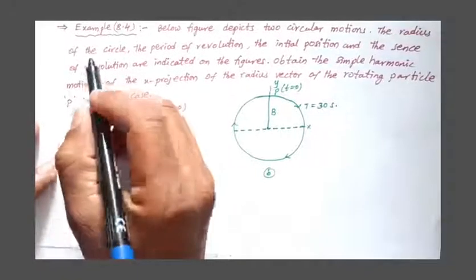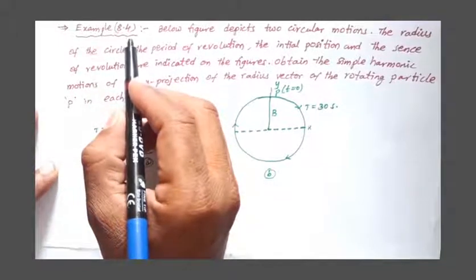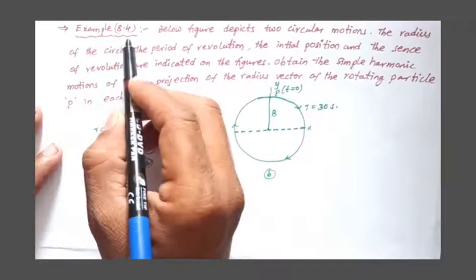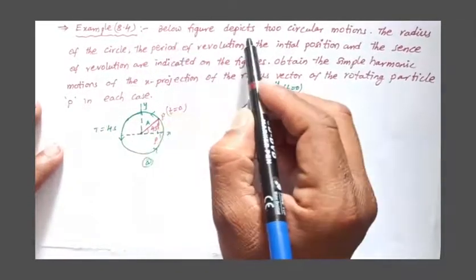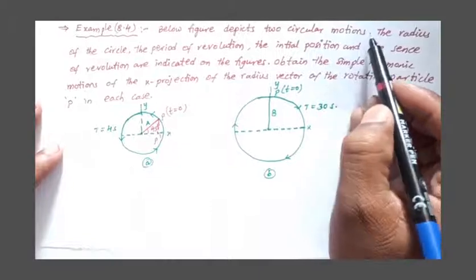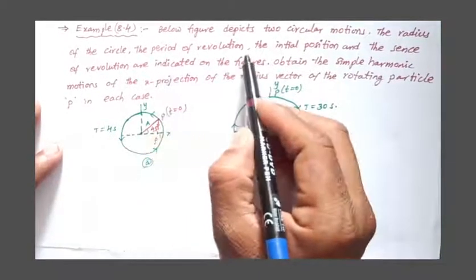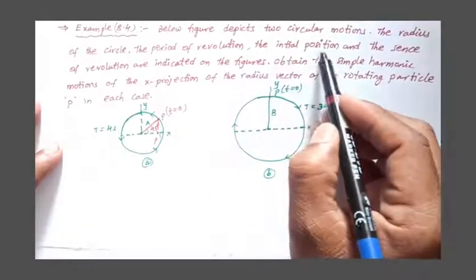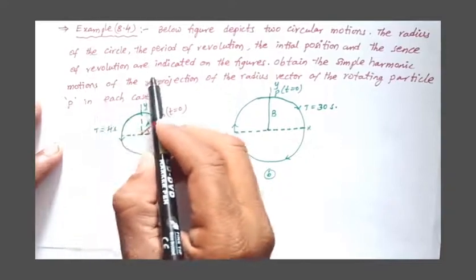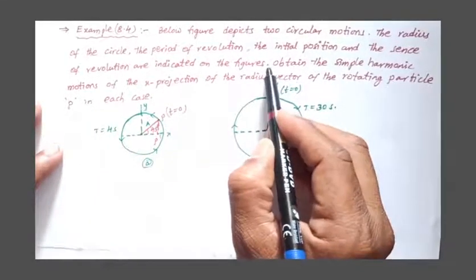Okay, today we are going to discuss example number 8.4. We can solve example number 8.4. The figure below depicts two circular motions. The radius of the circle, the period of revolution, the initial position, and the sense of revolution are indicated on the figure.